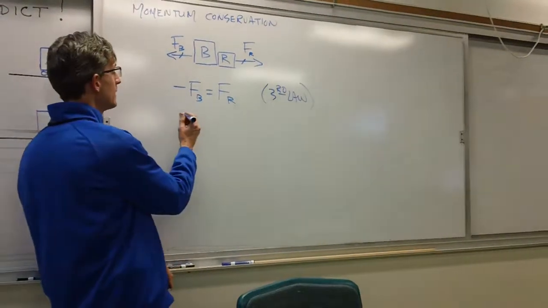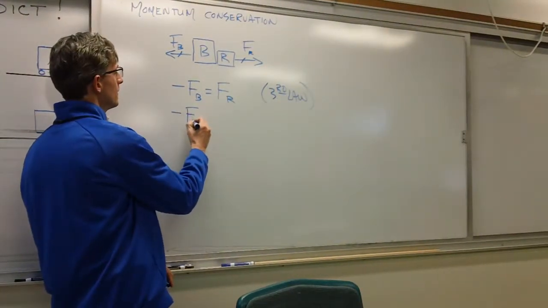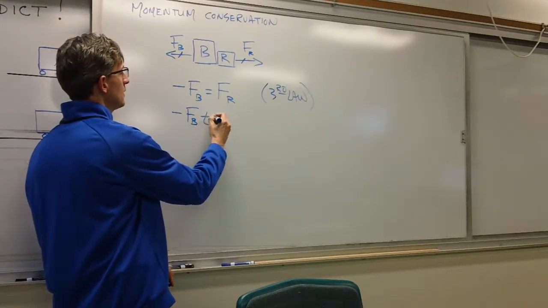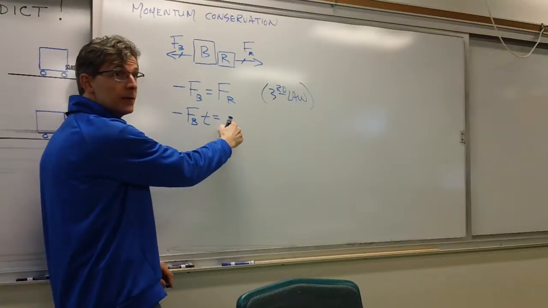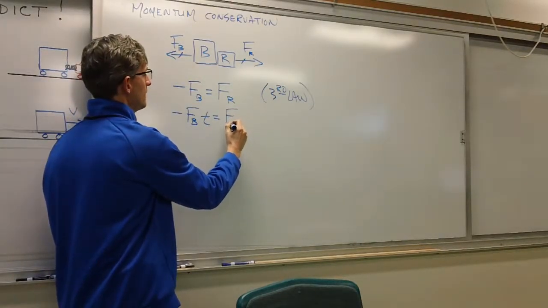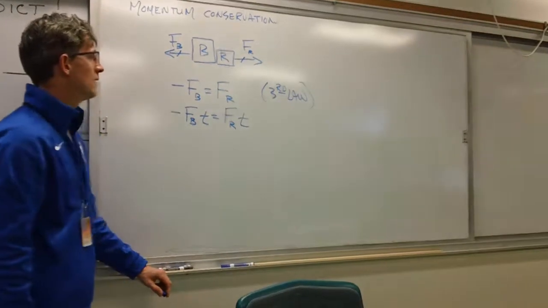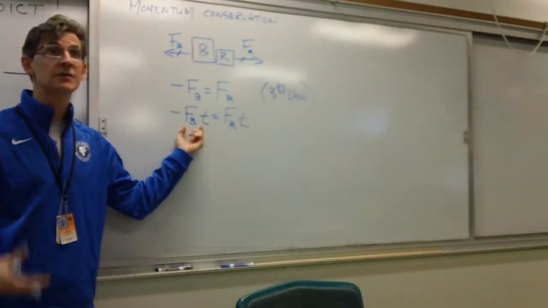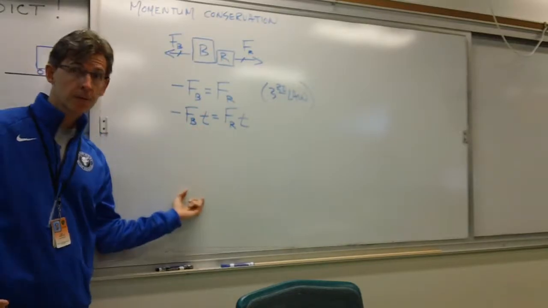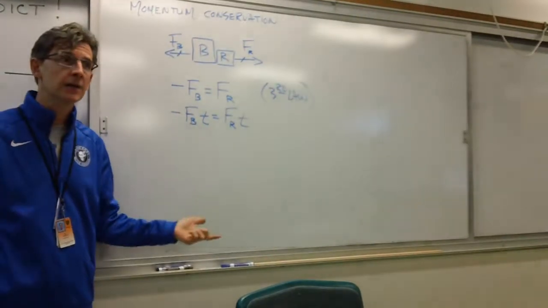So if I write a negative force on blue times t, and then multiply the other side by t, F_R times t, that would be a really good thing, because force times time is impulse, and I could go from there.